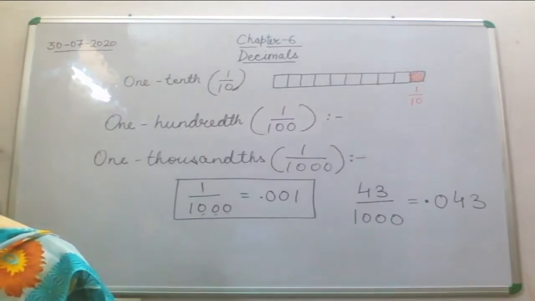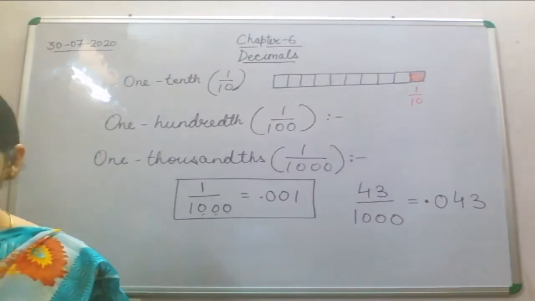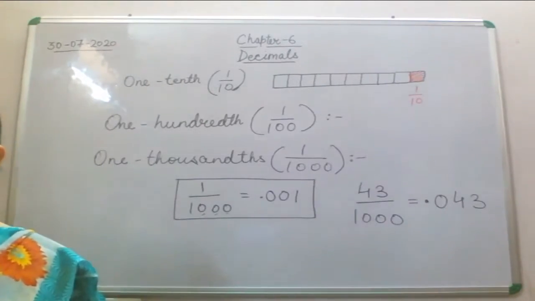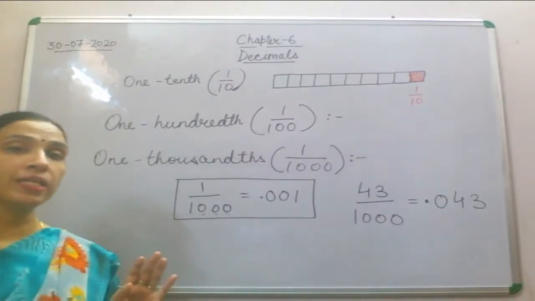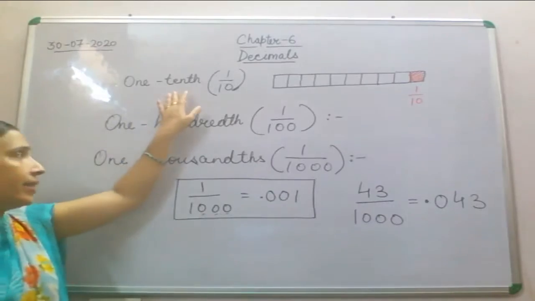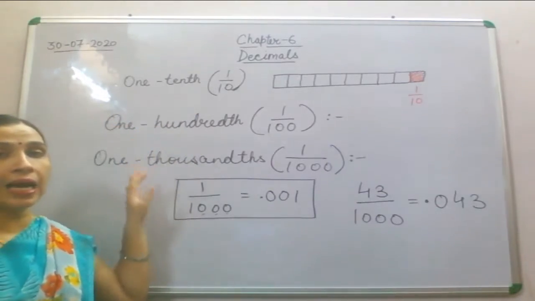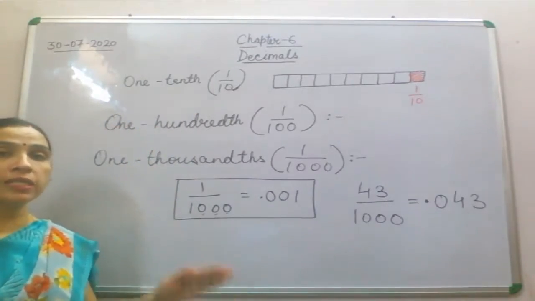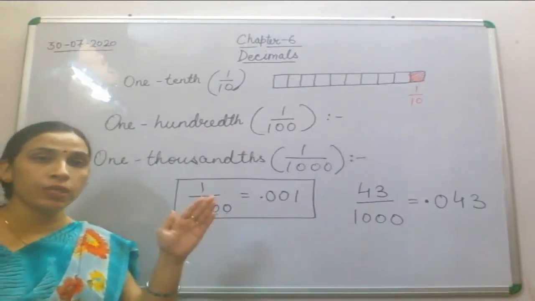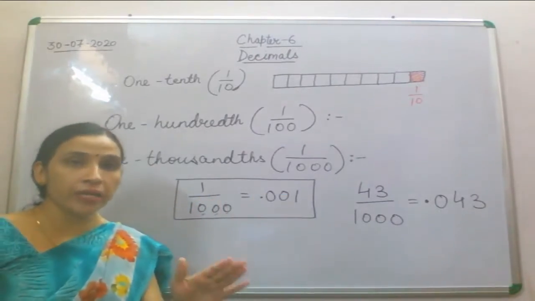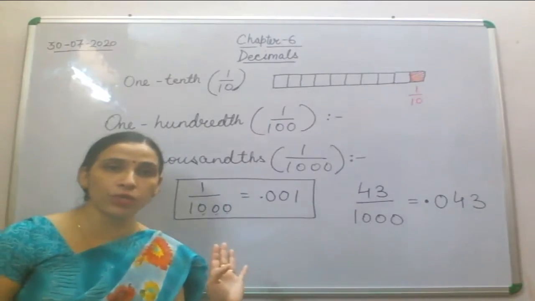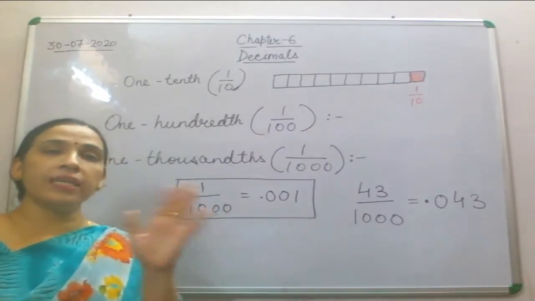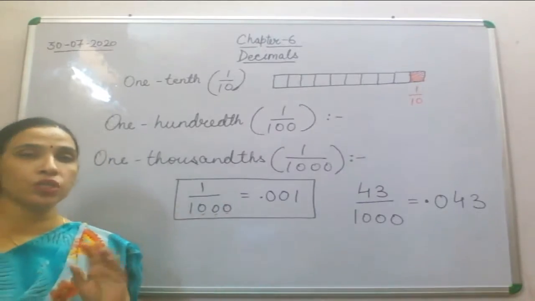So what have we understood today? We have understood what the decimal place value is, what 1/10th, 1/100th and 1/1000th are, and which is the decimal representation after a point. Before the decimal point we have the same kind of fraction only, but after the decimal point we have a change.